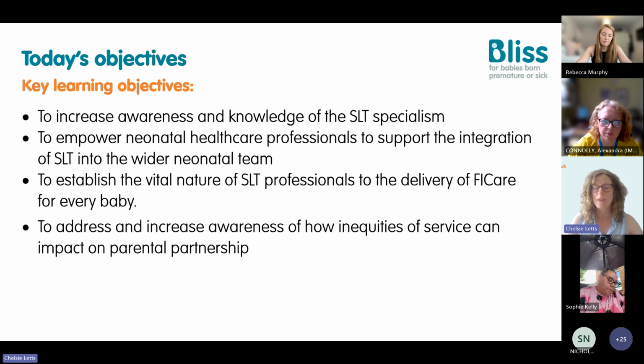And there are challenges, we know, with the various different allied healthcare professional, psychology and pharmacy professions in terms of some inequities in what service might be available. But I think it's really important that we're still highlighting where these roles fit in, how they can impact on families' experiences and the baby's experiences, and improving that parental partnership, and obviously we can see the growth in these roles as well, being available more and more, which is fantastic.